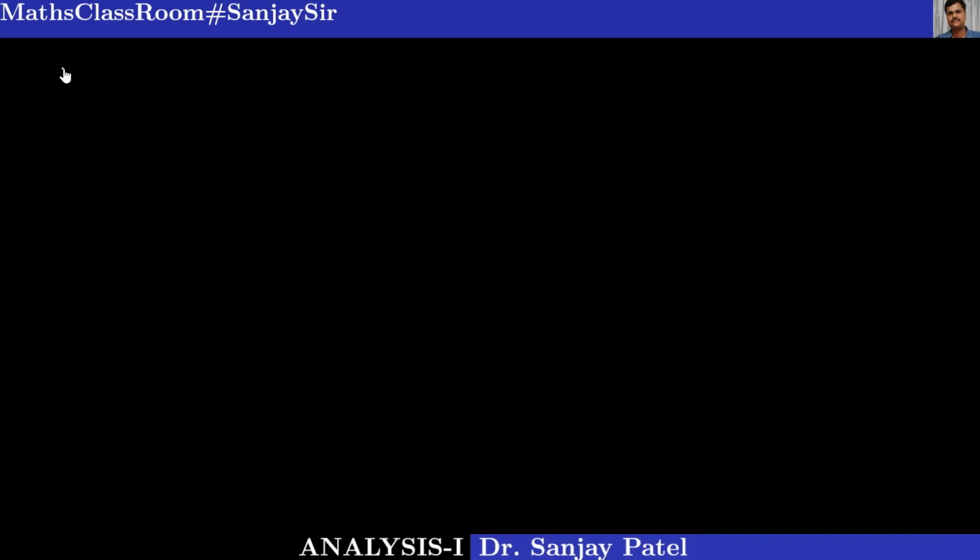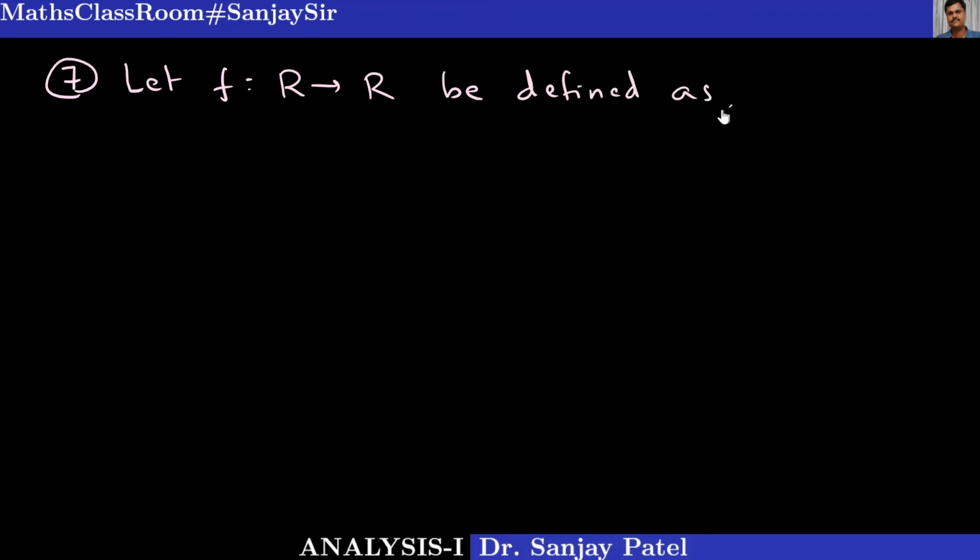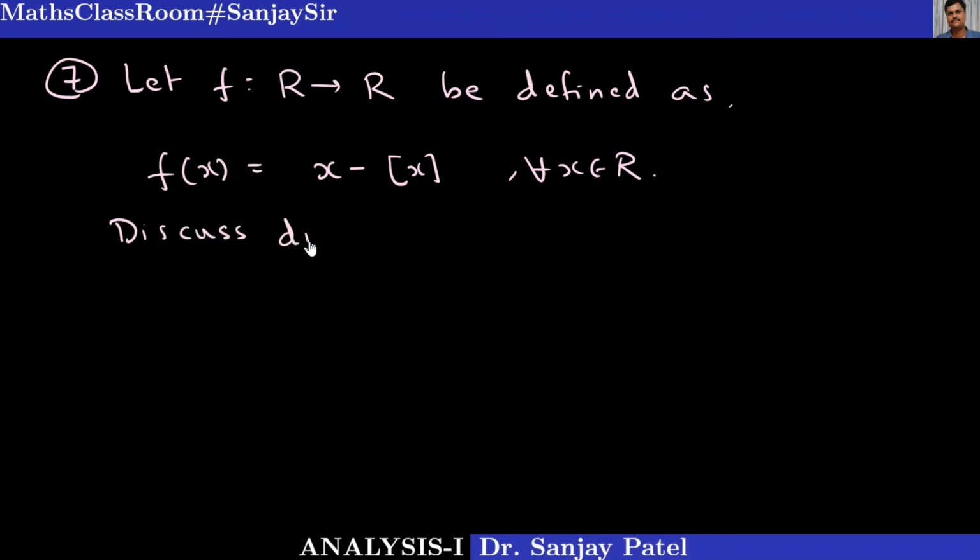So the 7th problem is this: let f be a function from R to R defined as f(x) is equal to x minus bracket x for every x belongs to R. So discuss discontinuities of f.